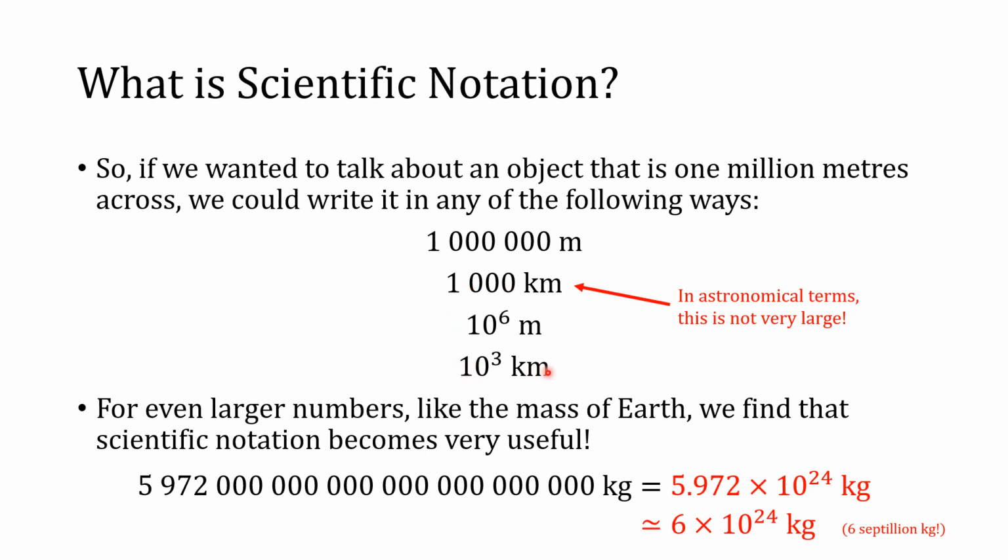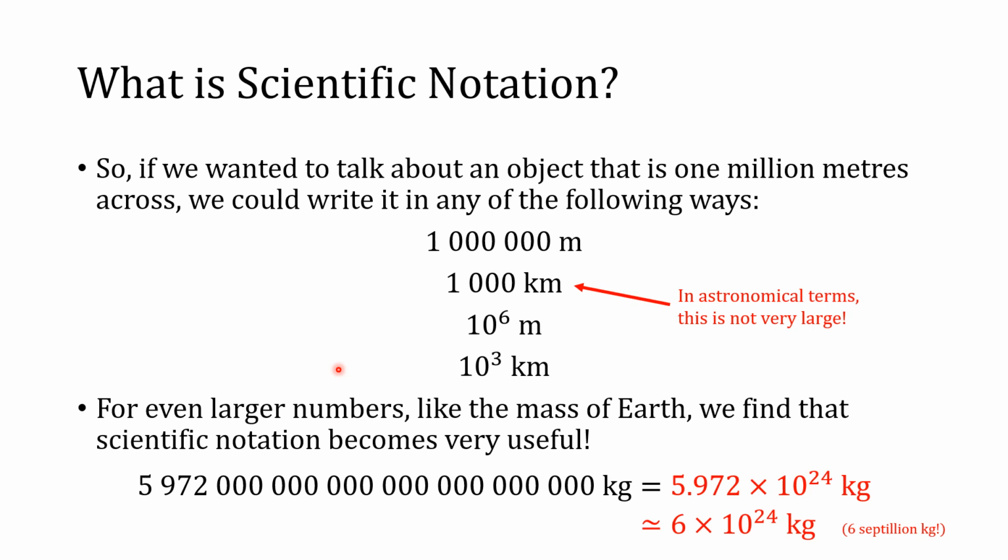So I can write that down as 10 to the 3 kilometers. So those are all exactly the same size. These four numbers are all talking about something that's exactly the same size. If you have an object that's 1 million meters across, or 1,000 kilometers, or 10 to the 6 meters, or 10 to the 3 kilometers, those are all identical sizes.